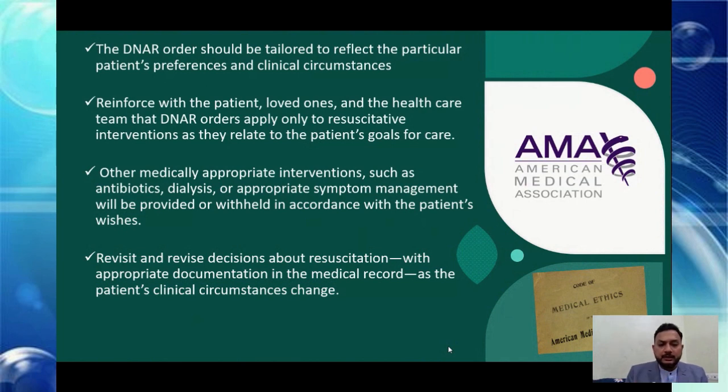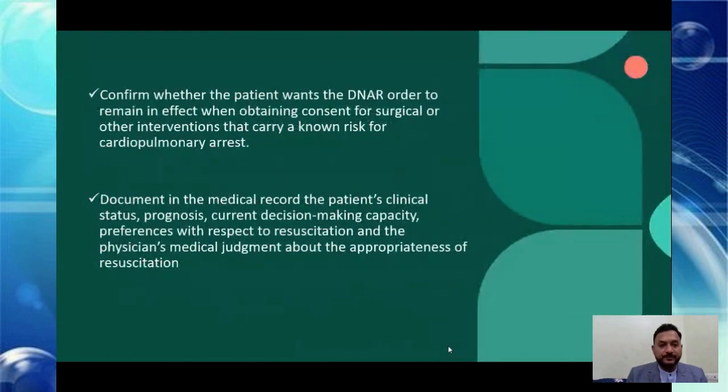The last thing that I'd like to mention is we need to revisit and revise decisions about resuscitation. This requires adequate documentation in the medical records as the patient's clinical circumstances may change. We also need to confirm whether the patient wants a DNAR order to remain in effect when obtaining consent for surgical or other interventions that carry a known risk for cardiopulmonary arrest.